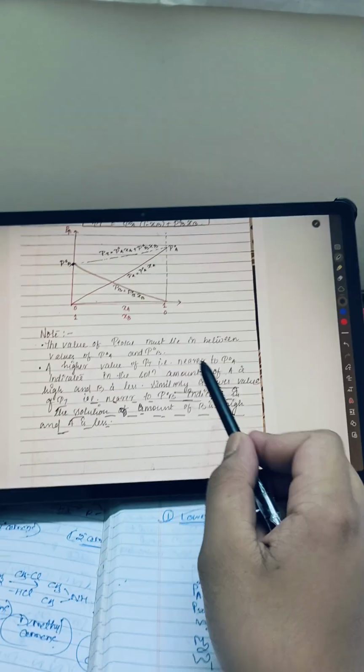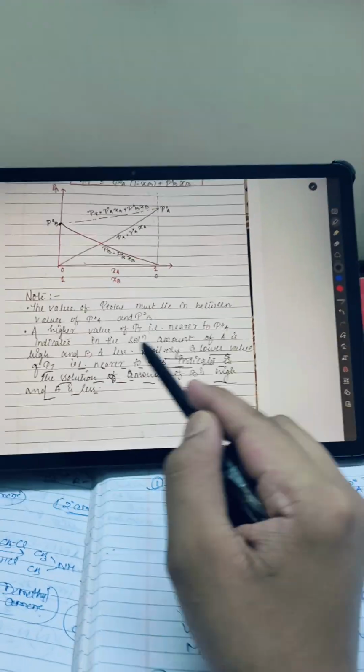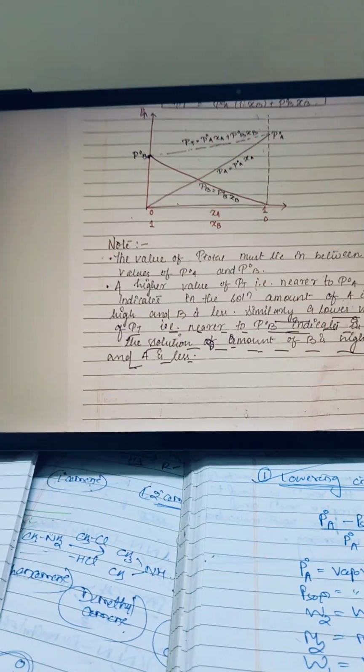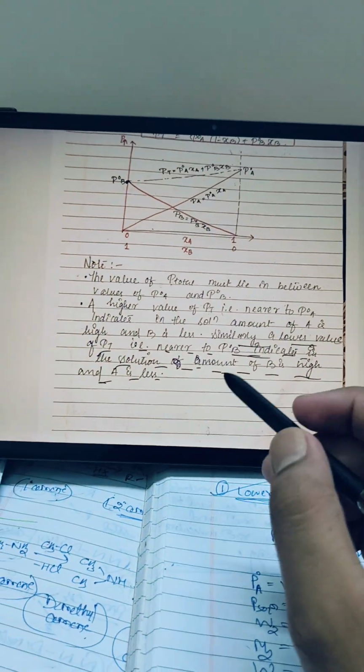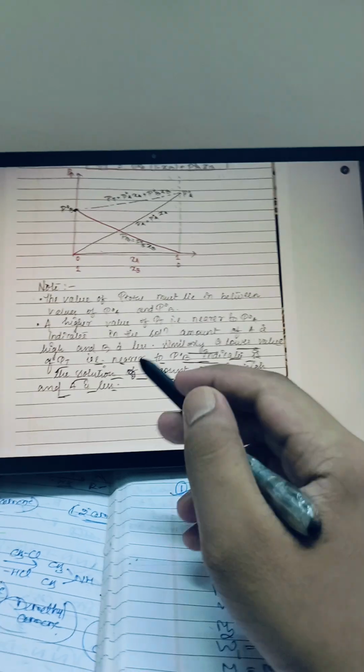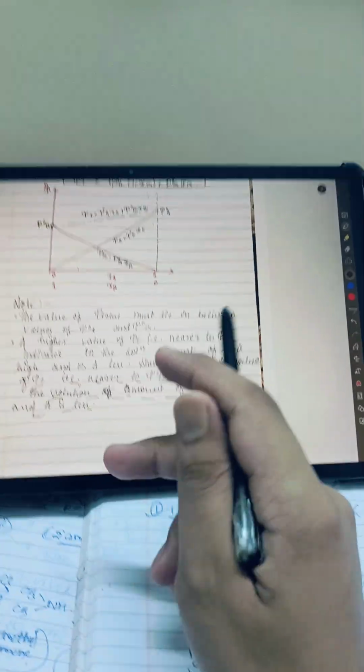Again, a high value of PT nearer to PA naught indicates the solution amount of A is high and B is less. It is not telling that A is solvent or solute. It's telling that the solution amount of A is high.